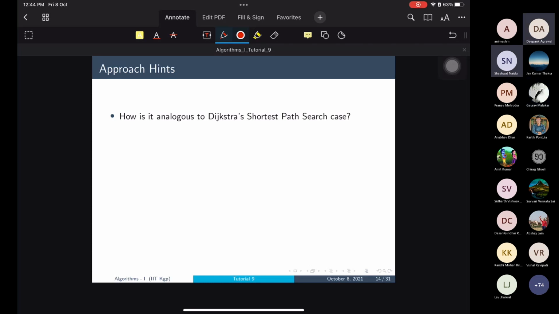Yeah, right. In both the cases, we have to start from some node and reach a final node, and we have to minimize some cost. In Dijkstra, it is the length of the edge, but here it is the time.